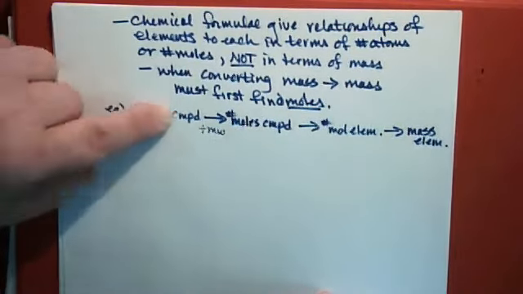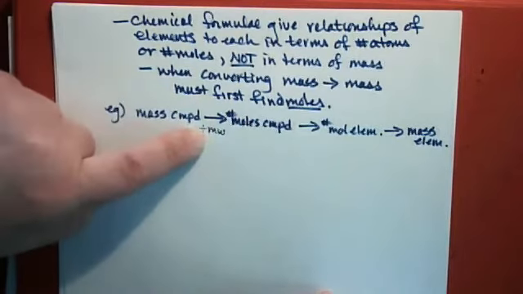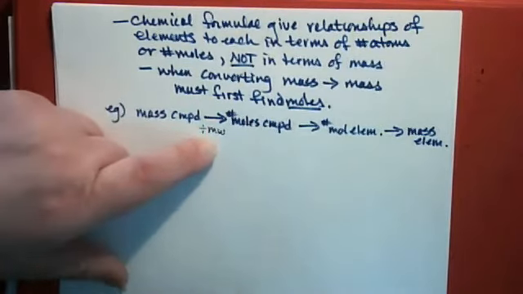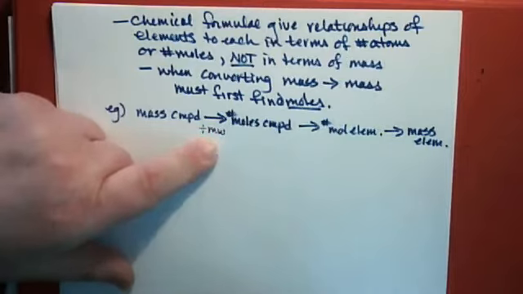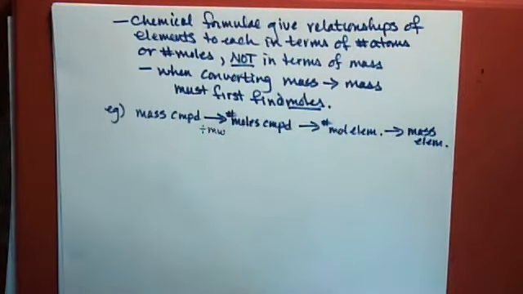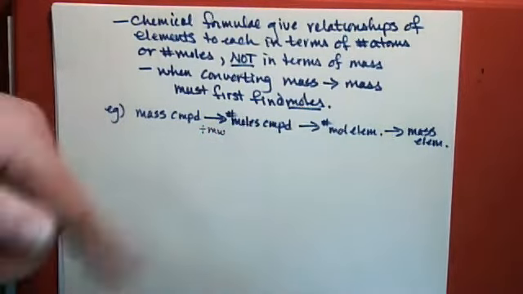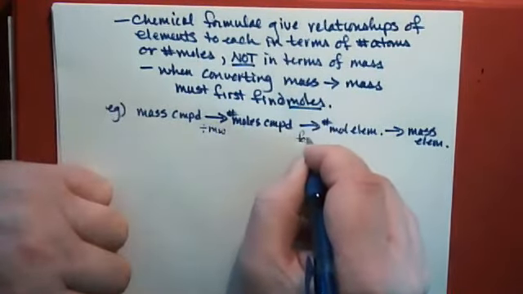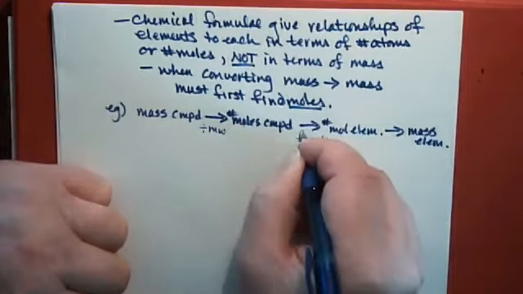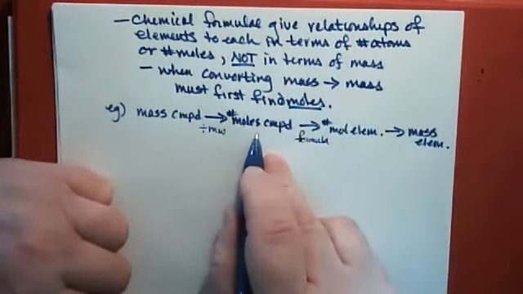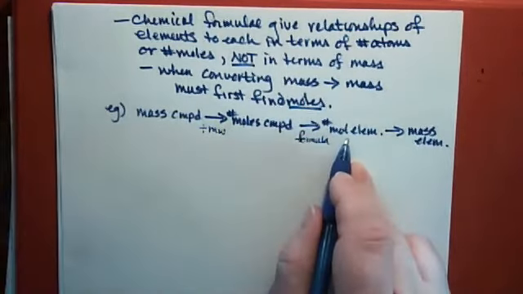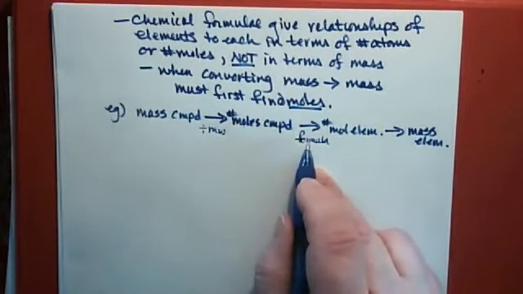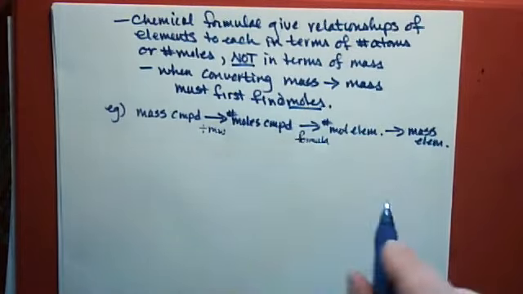Essentially, when you want to go from mass of the compound to number of moles of the compound, what you're effectively doing is dividing by the molar mass or the molecular weight of the compound, like we did in the first step in the last example. Okay, once you've got moles of the compound, you can convert to moles of the element by using the subscripts or the ratios in the chemical formula.